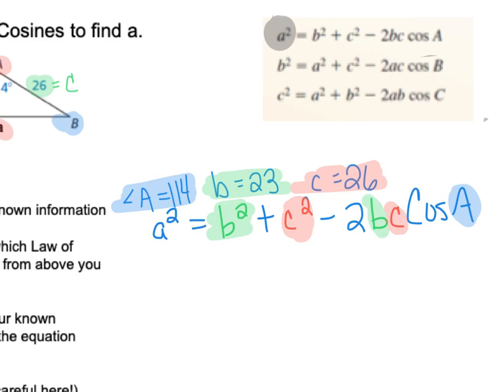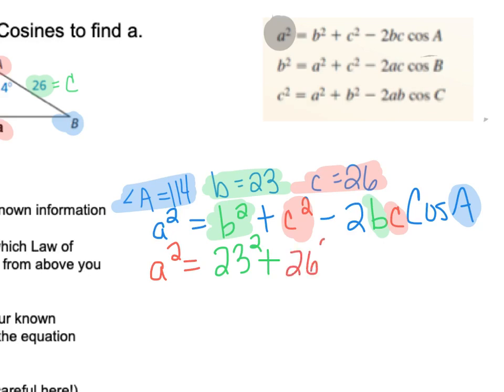So the next step, all we need to do is we just need to substitute in. Okay, so a squared I don't know anything about. Instead of b, I'm going to put 23. So I'm going to have 23 squared plus, and instead of c, I'm going to put 26.